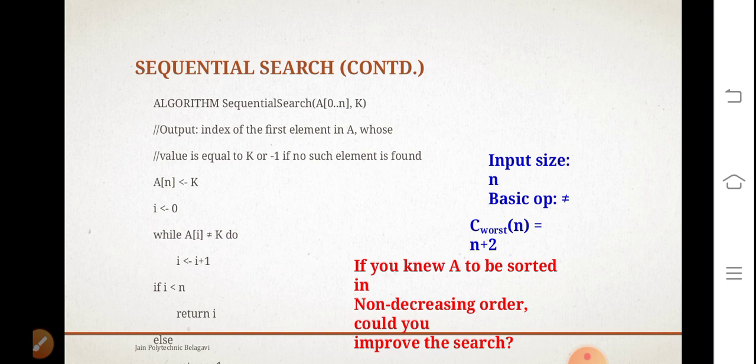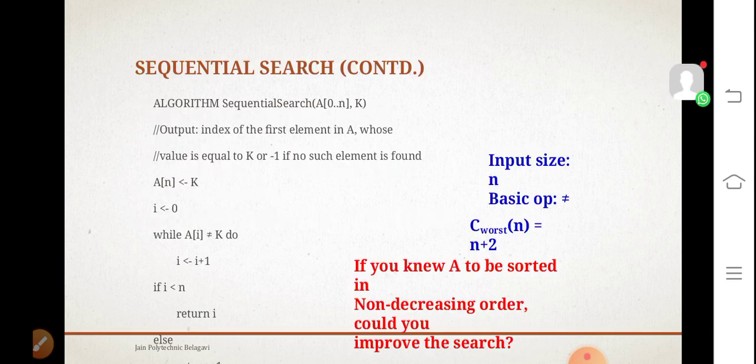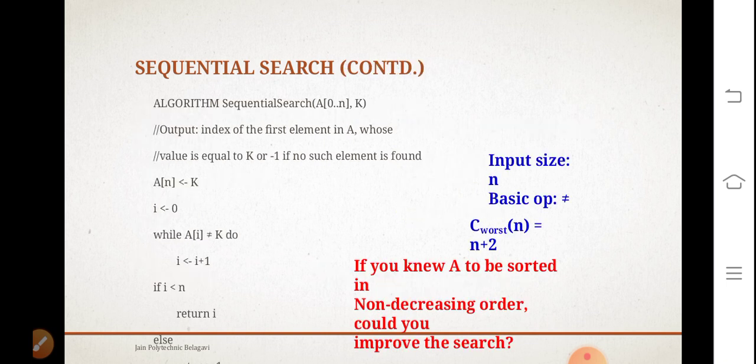So this is the basic sequential search. Can you improve it with the help of brute force? Here we are improving that with the help of the brute force approach.